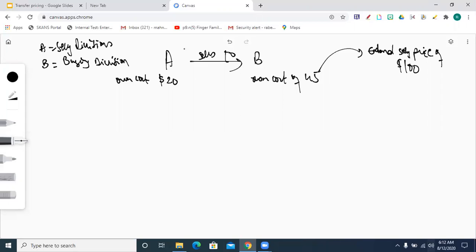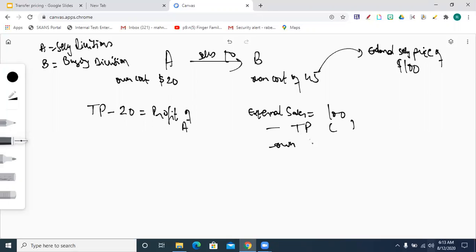A will charge B the transfer price, and then incur its own cost of 20; here you get the profit of A. Division B sells externally at 100, less the transfer price, since it's buying from A, and then its own cost of 45. This will be the profit for division B.